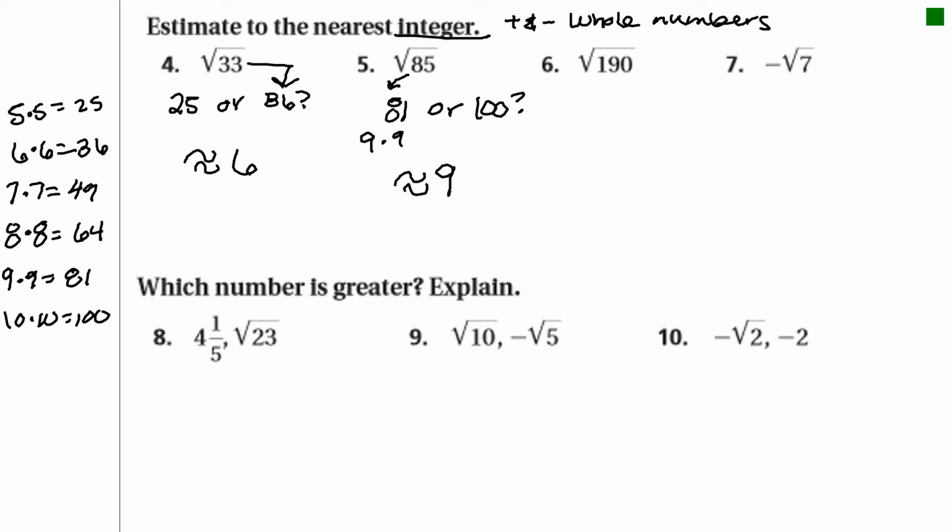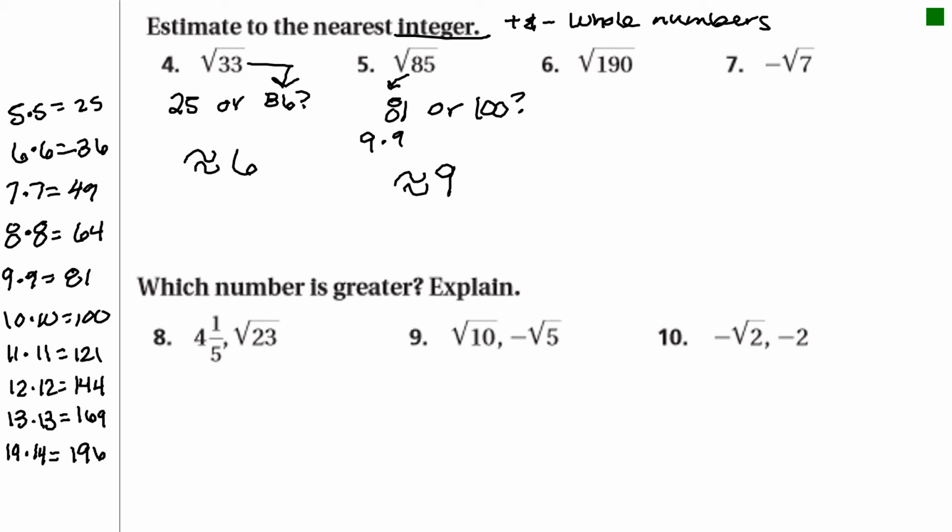Good. Let's go to the square root of 190. 11 times 11 is 121. 12 times 12 is 144. 13 times 13 is 169. 14 times 14 is 196.